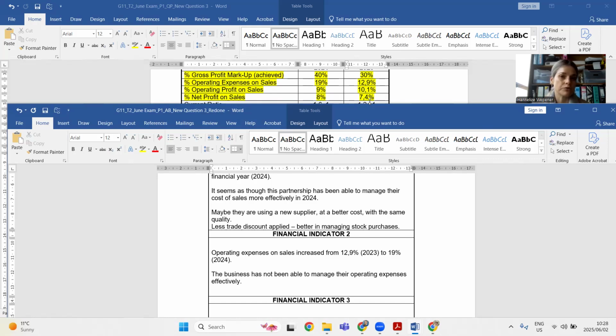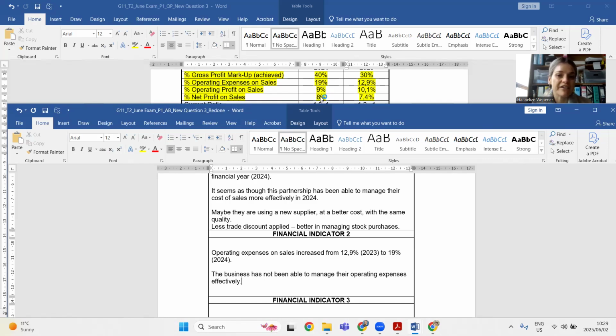It means that you're trying to get rid of those loans so that you can have more profits after you have paid your interest. So overall, we are not satisfied with the profitability because we have not been able to manage our expenses effectively. We have not been able to retain enough of our sales to help us grow this business again. Remember, you want to take your profits and reinvest them into this business to grow.